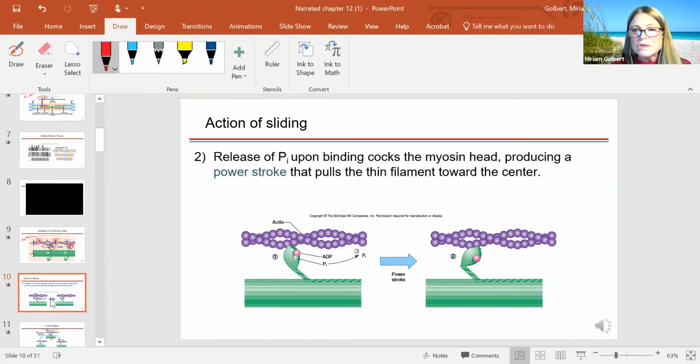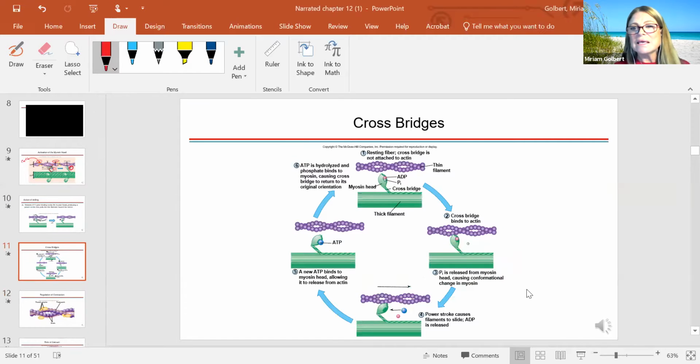So here you have the hydrolysis of the ATP molecule, releasing that third phosphate so that we get the energy to do the power stroke, right? And here you have the cycle of attachment and detachment. Of course, you can start anywhere because it's a cycle, but we start here on number 1, right?